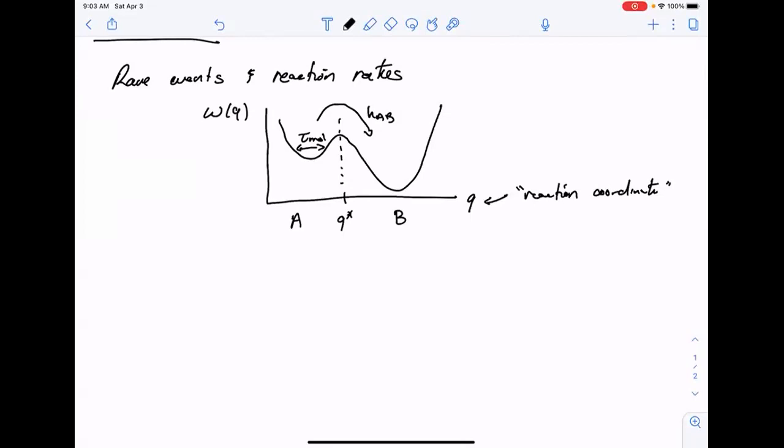And in such a case, it should make intuitive sense, given what we've done in the class thus far, that the rate, the characteristic number that specifies this dynamical event, in this case, 1 over the rate is the characteristic time for seeing the transition between A and B.